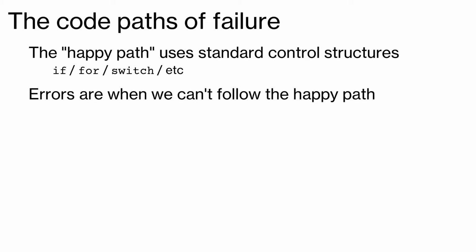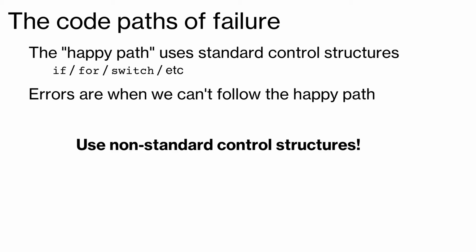If we've used all the standard control structures in the happy path, it makes sense to use the non-standard control structures in the non-happy path, because we're breaking the flow of the program because something wrong happened. In order to break the flow of the program, we have to use non-standard program flow constructs. Which really means that things like goto are absolutely not the enemy. It's the elegant way of doing this.